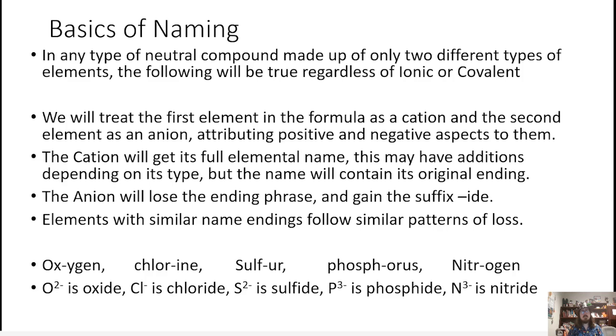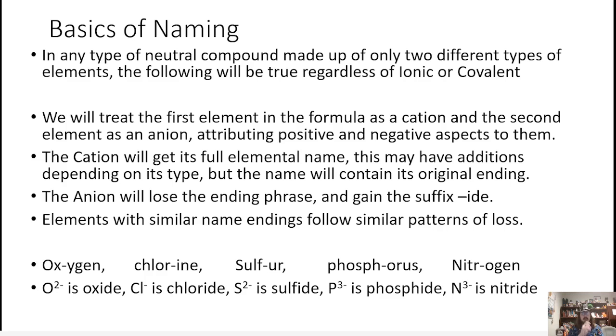But here's the basics of naming. This is always true regardless of whether it's ionic or covalent. In any type of neutral compound that's made up of only 2 different types of elements, we will use this rule. We are going to treat the first element in our structure as if it was a cation, even if it's not truly positive.